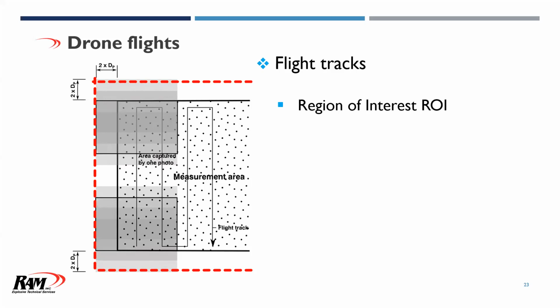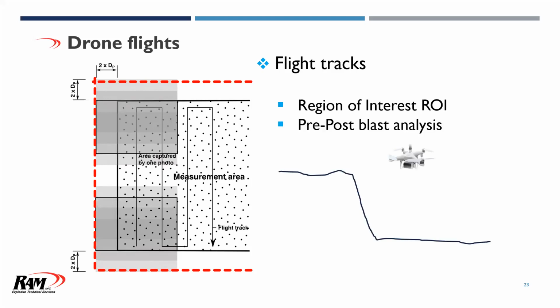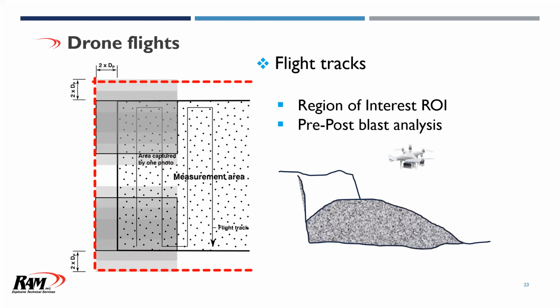The other part of the area of interest is, are we looking to do pre and post blast analysis? In a case like that, you can see our high wall here, and following the blast, we're going to have a muck pile that may be, in some cases, like for example Corey, out 100 meters, 300 feet, somewhere in there. So in a case like this, we want to make sure that our area of interest covers where that potential muck pile could move to.